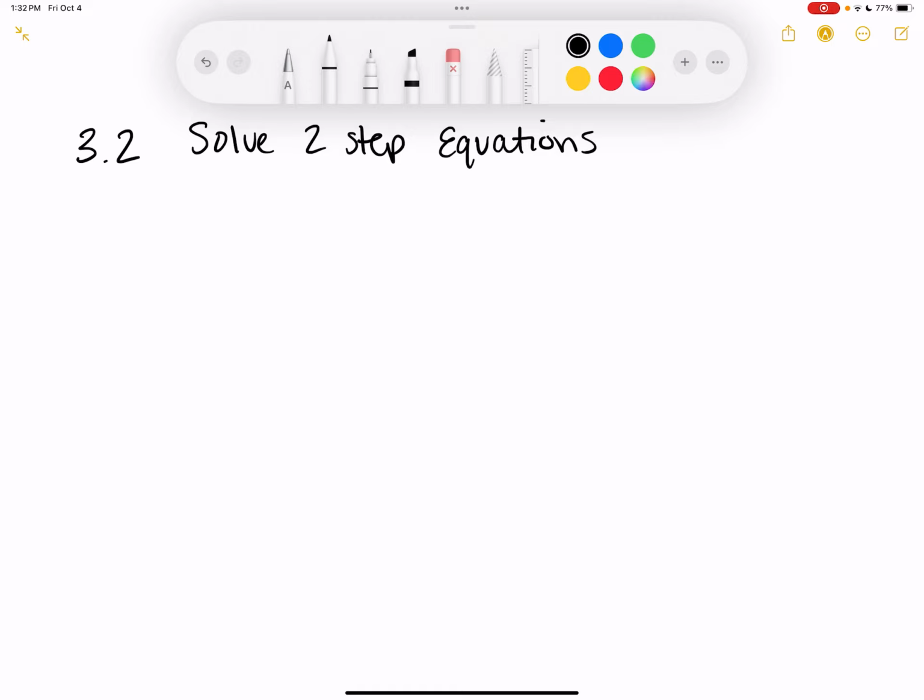So something like number 4, we've got 5h plus 4 equals 19. So first of all, I need to subtract 4. So minus 4 on both sides.